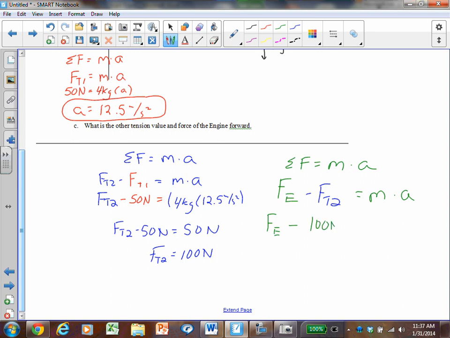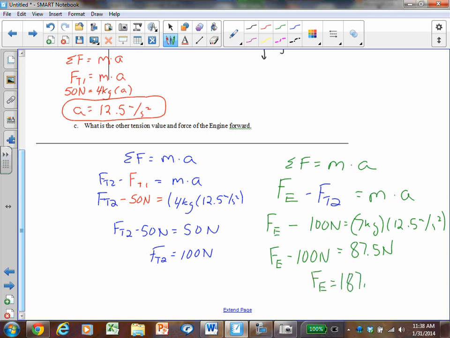Now the mass is 7 kilograms, and A is 12.5. 7 times 12.5 is 87.5. Okay. Not bad, right?